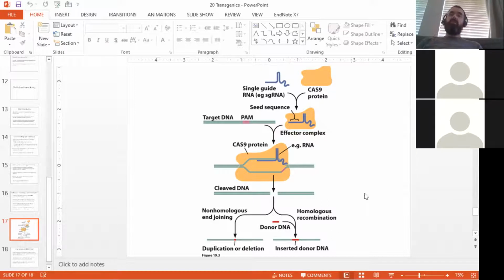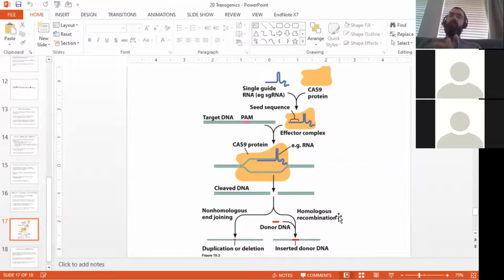So now what you do is, at the same time as you provide these two components, you also provide, typically it's a vector or plasmid, right? So it's a circular piece of DNA, maybe, it could be linear. But whatever it is, it has two regions which are homologous, the exact matches to your gene of interest, to your target.